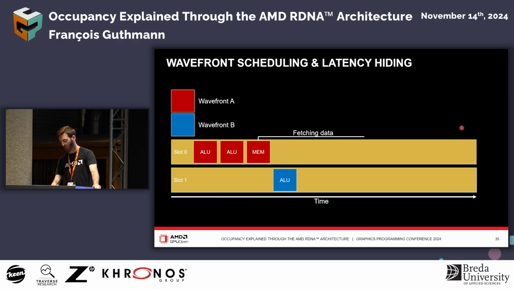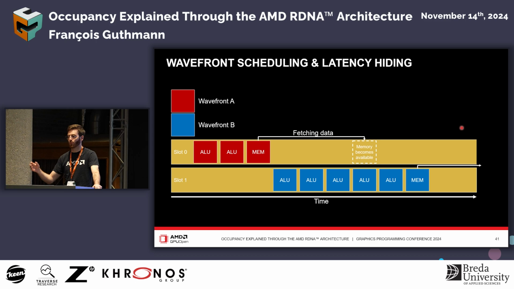Turns out, because I made the example, wavefront B has a lot of ALU to do, and so it goes brrr for a while until the memory becomes available for slot A, but wavefront B doesn't care, it keeps going until it also hits a memory operation, and we can again choose to either stall or maybe switch to a different wavefront. And since it turns out that wavefront A has its data back, we can switch back to A and keep executing that one.